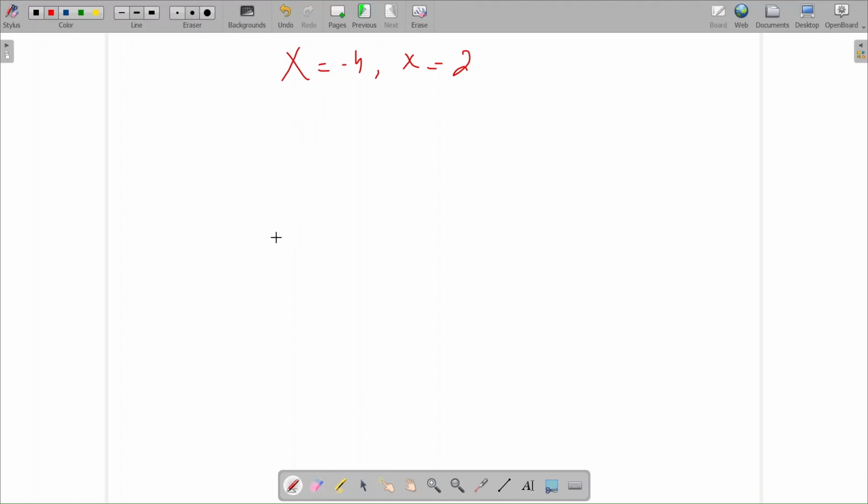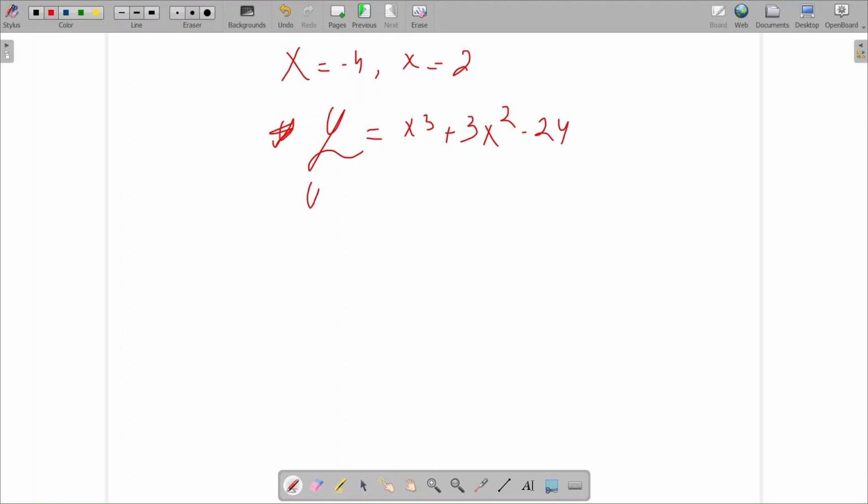y equals x cubed plus 3x squared minus 24x.